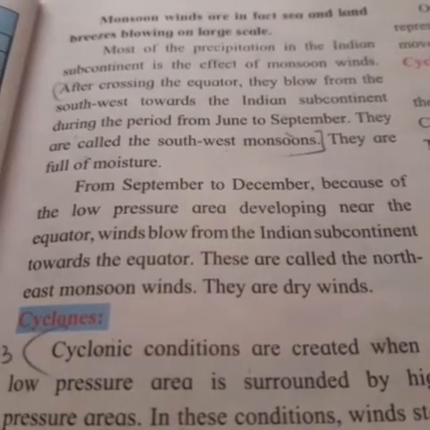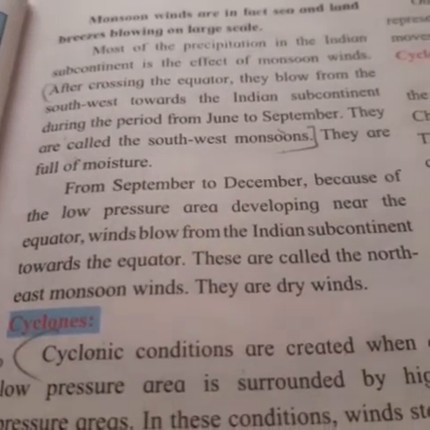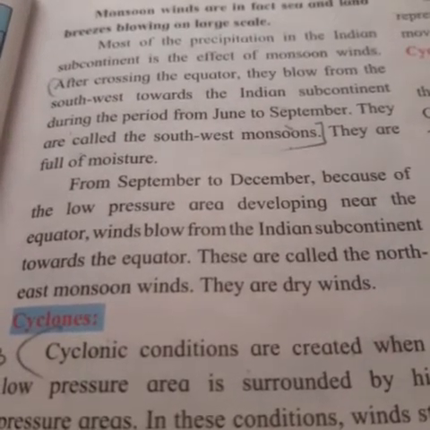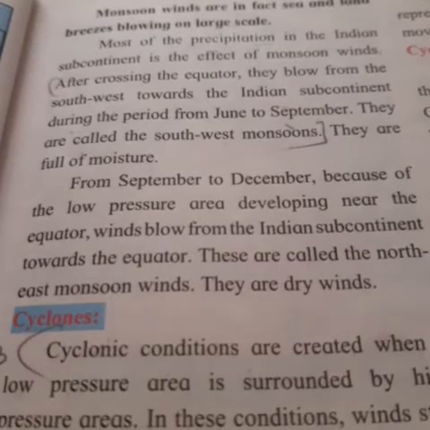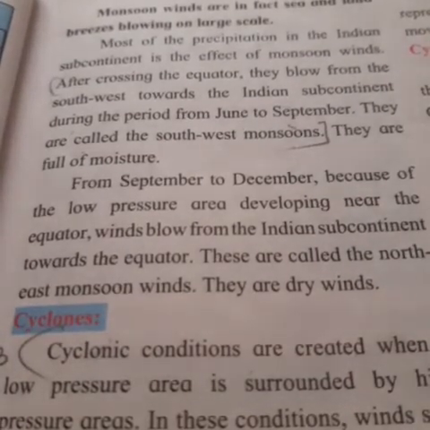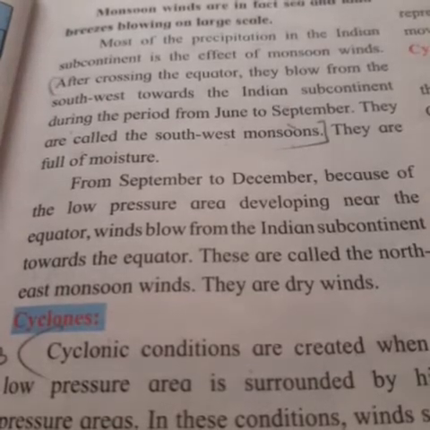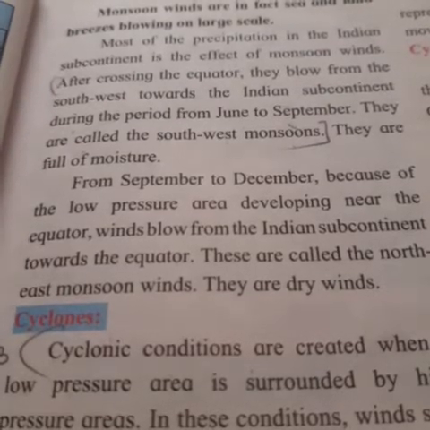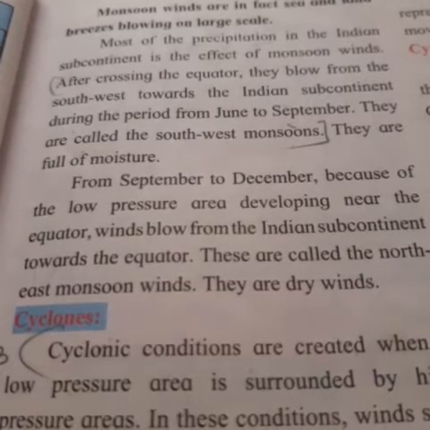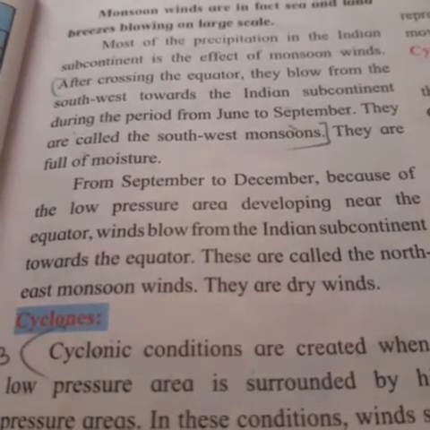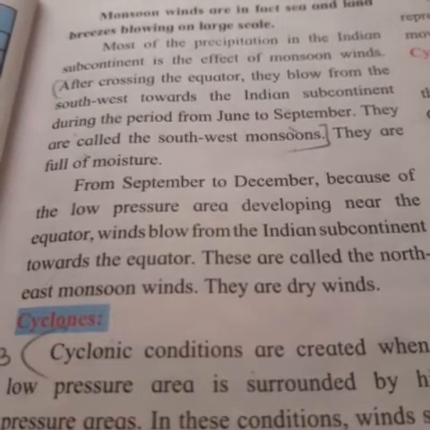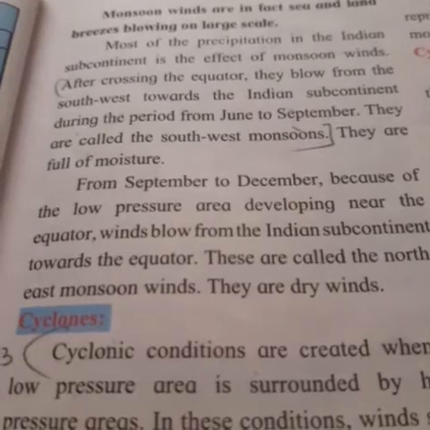They are dry winds. Now over here in this paragraph they have explained that the precipitation in the Indian subcontinent is affected by monsoon wind, and from June to September they blow from the southwest to the Indian subcontinent, and so it is called southwest monsoon wind. Now it is full of moisture, since they are blowing from water bodies towards the land, it contains a lot of moisture.